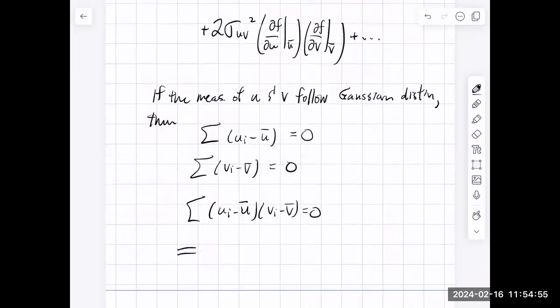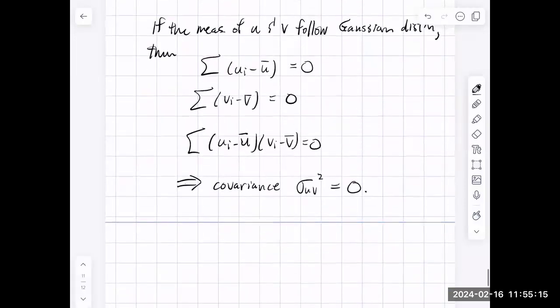And all of that would mean that the covariance sigma uv squared would equal 0. And so in that case, we're going to assume essentially that every measurement we do obeys this kind of behavior.